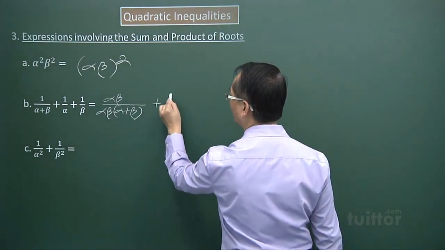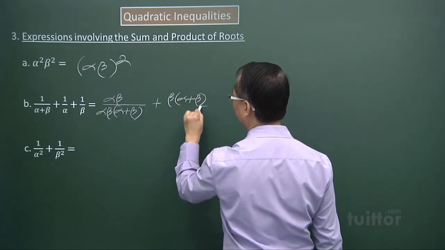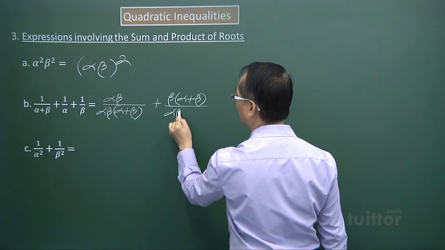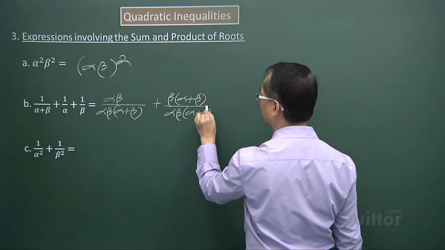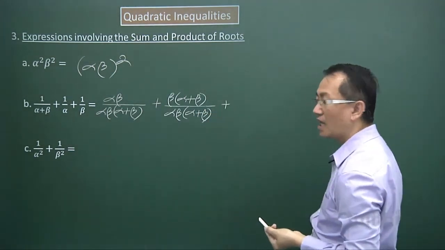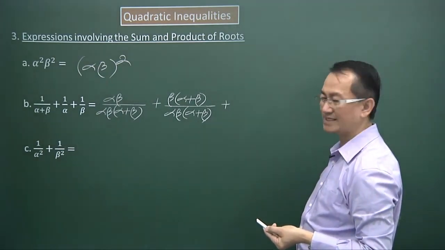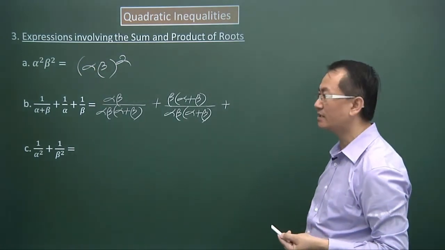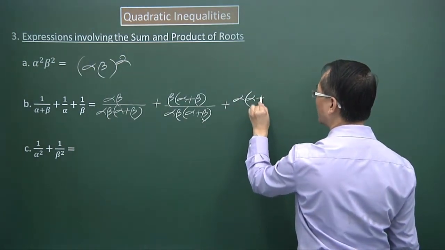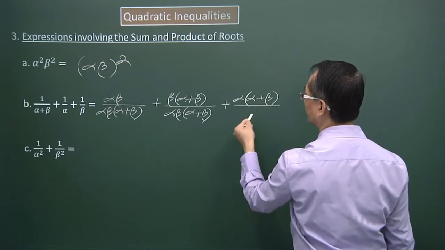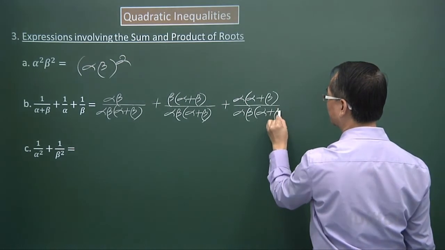So I will have beta times alpha plus beta over alpha times beta times alpha plus beta. The third fraction, I will have to multiply alpha times alpha plus beta to the numerator and denominator of the fraction. So I will have alpha times alpha plus beta over alpha times beta times alpha plus beta.